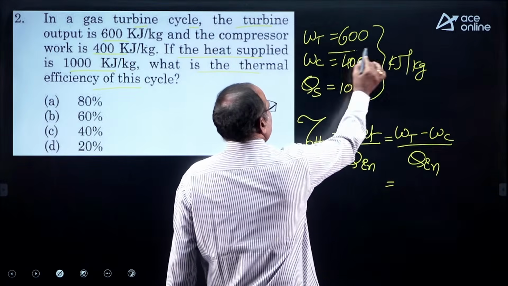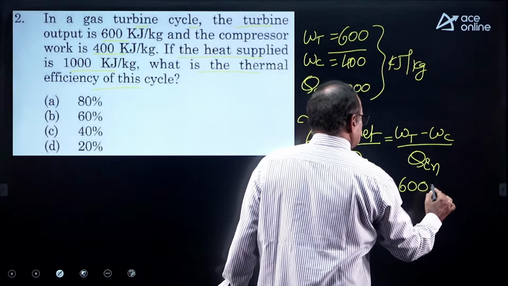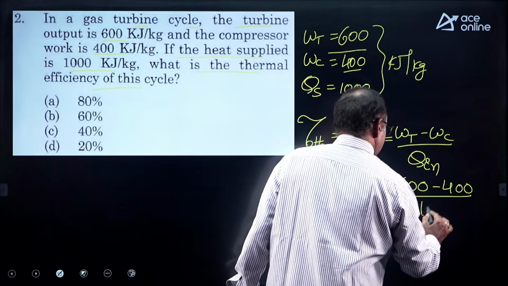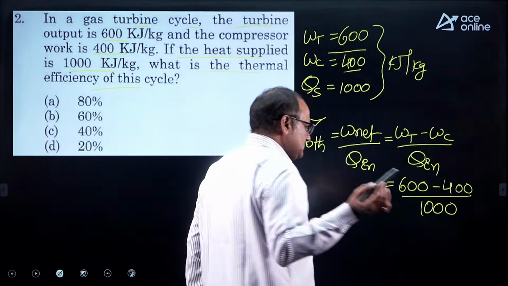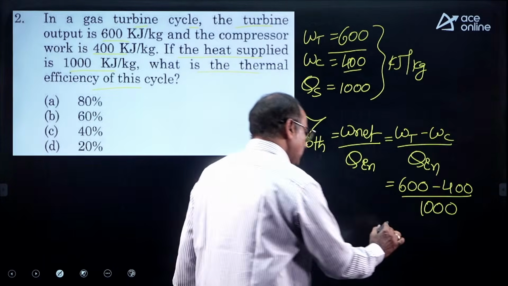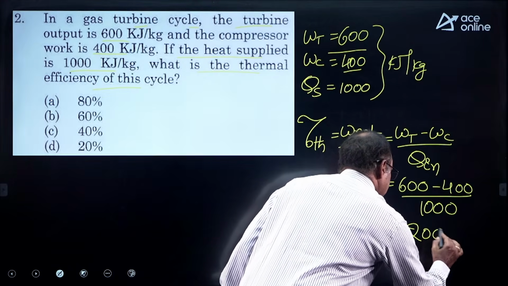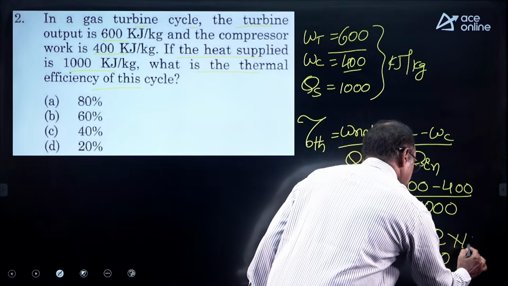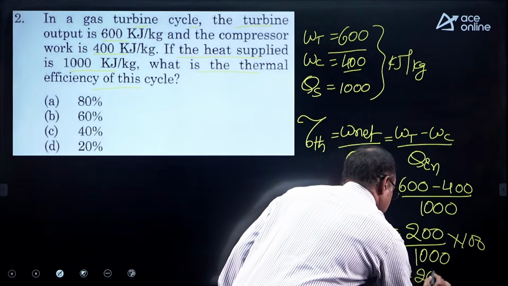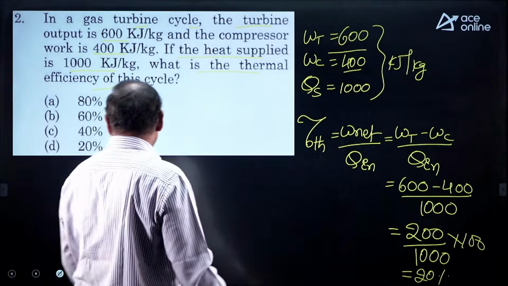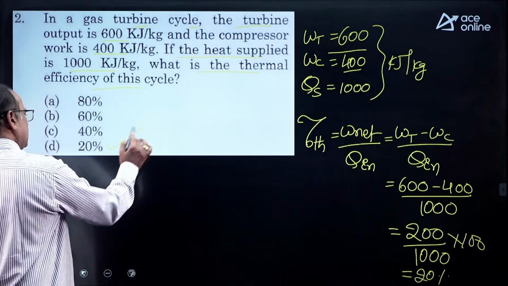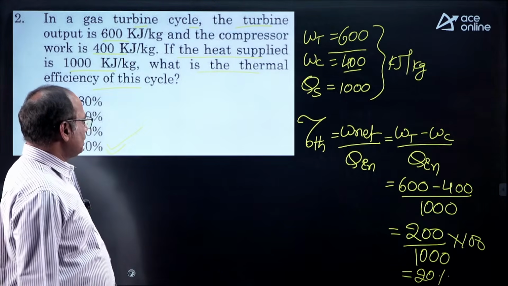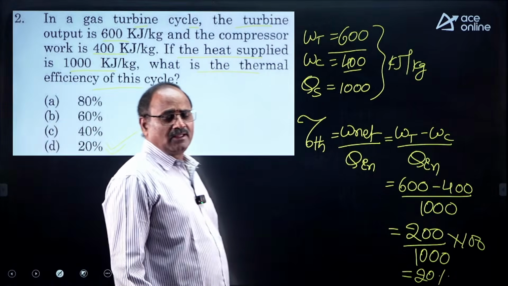Turbine work 600 minus compression work 400, dividing by 1000. 600 minus 400 is 200, 200 divided by 1000. To get a percentage, multiply with 100, it gives 20%. That is the answer. Look at option D. Option D is absolutely correct. Very simple, straightforward question. The same problem is available in our material.